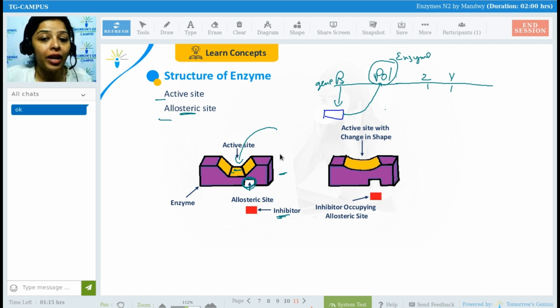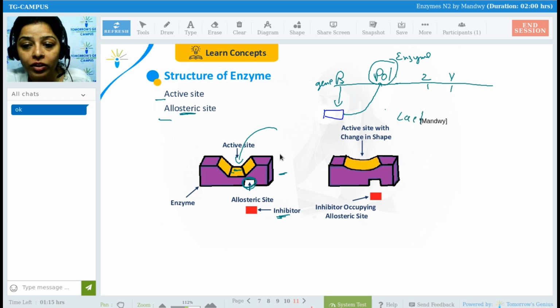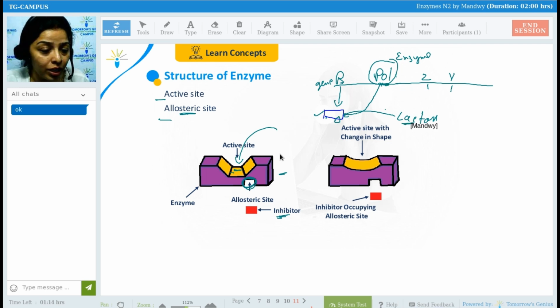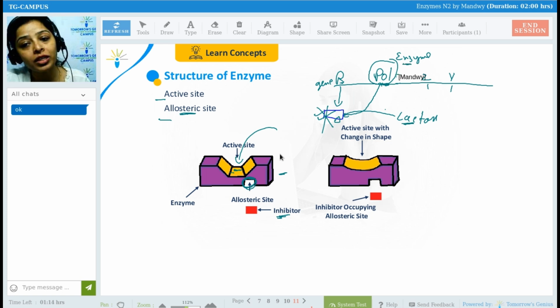So if in the medium lactose is present, which is the inhibitor, and the lactose comes and binds to the allosteric site, what will happen? This protein will not be able to go and bind to this enzyme. Once lactose is at the allosteric site, their activity will get modified. Now it will not go and bind with this enzyme, and now this enzyme will be able to perform its activity.